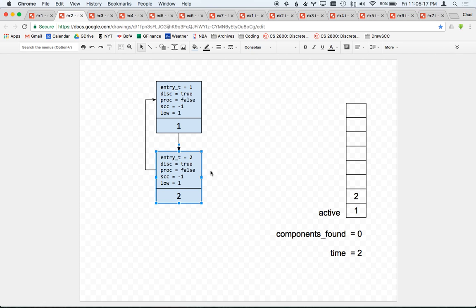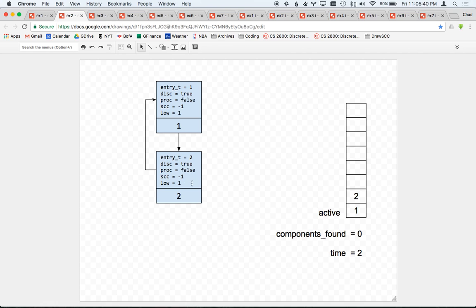There aren't any other edges out of vertex 2, so that means we have to exit vertex 2, which means we're going to process it late. So in processing vertex 2 late, we first check to see whether low is equal to the value of 2 itself, which it's not, and that's interesting.